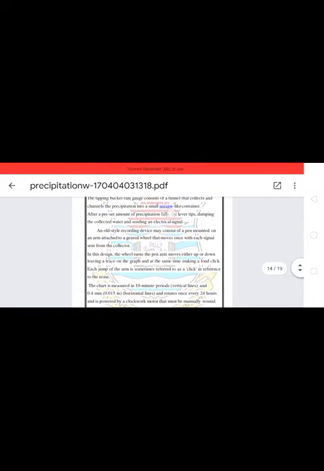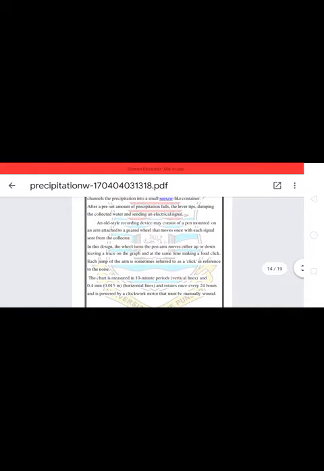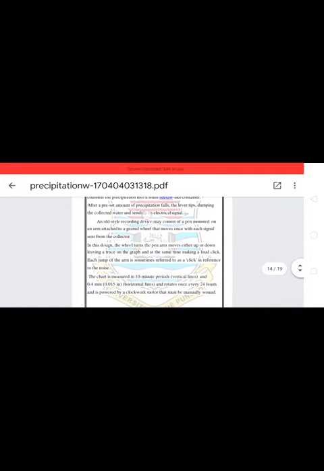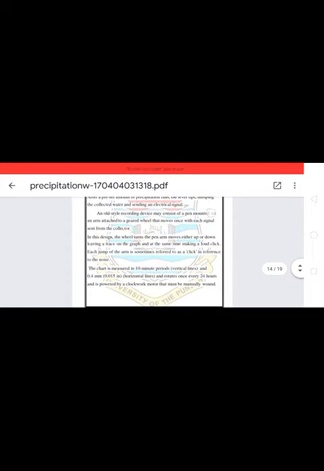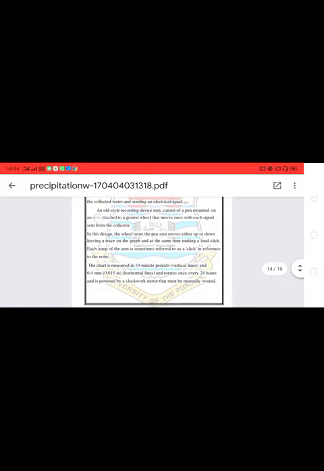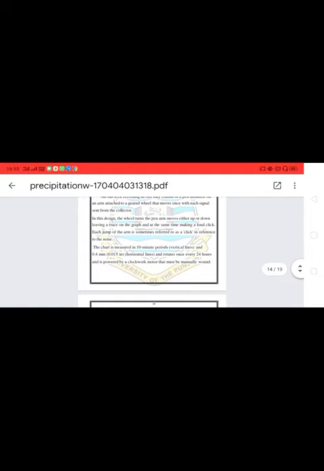After a preset amount of precipitation falls, the lever tips, dumping the collected water and sending an electrical signal. An old-style recording device may consist of a pen mounted on an arm attached to a great wheel that moves with each signal sent from the collector.